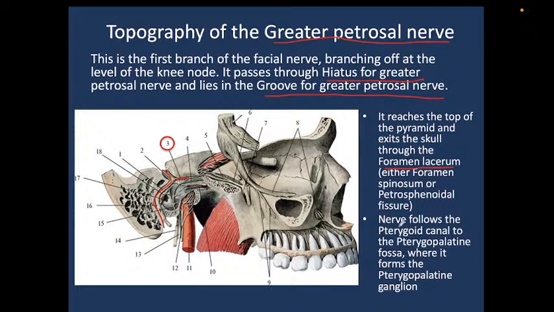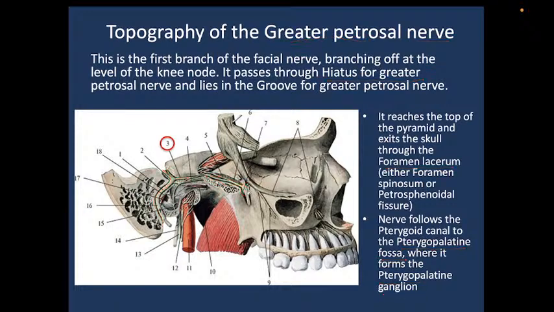The nerve follows to the pterygoid canal. Here you see the pterygoid canal, and comes into the pterygopalatine fossa, where this nerve forms the pterygopalatine ganglion. So the pterygopalatine ganglion is visible here.